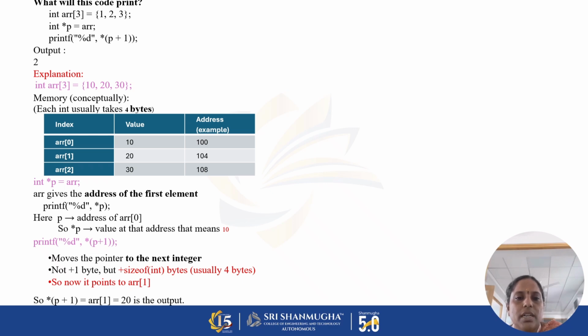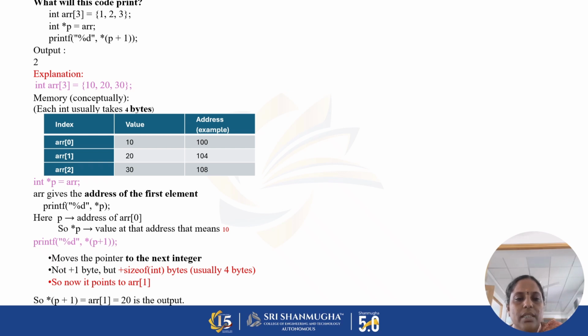Let us assume the address of the first element is 100. Since it is an integer data type, each element holds 4 bytes. So array[1] starts from 104, and array[2] starts from 108.